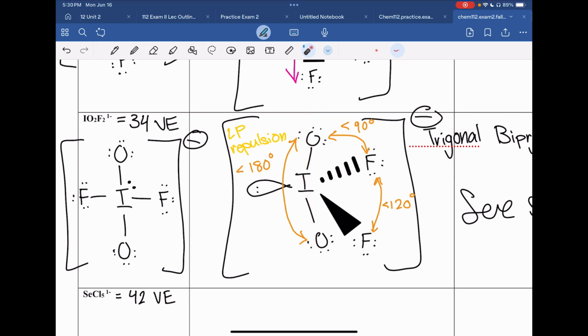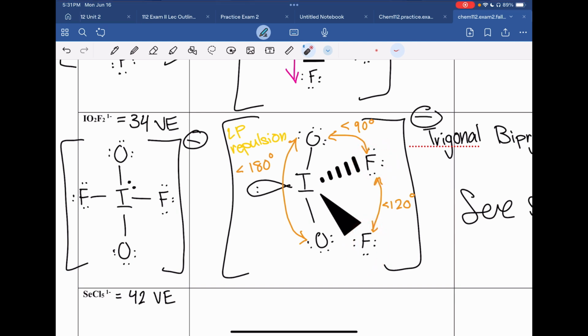So when we refer to bond angles, we say axial to axial or oxygen to oxygen. We might say axial to equatorial. This is your oxygen or fluorine having less than 90, or your equatorial to equatorial being 120. So you might switch it up.